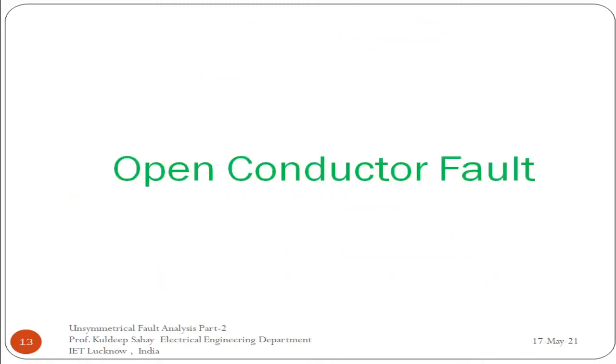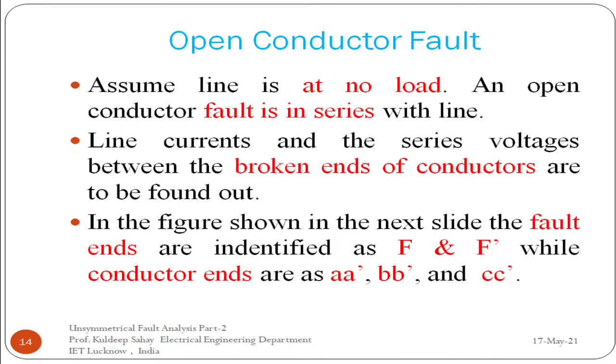So now coming to the open conductor fault, as we have discussed, there may be two types of open conductor fault. One is a one conductor open, another one is a two conductor open fault. Before going to the one conductor and two conductor open fault, first of all understand what is an open conductor fault.